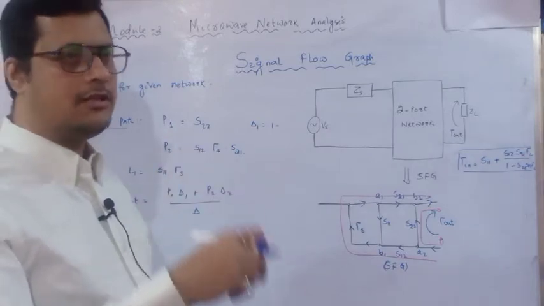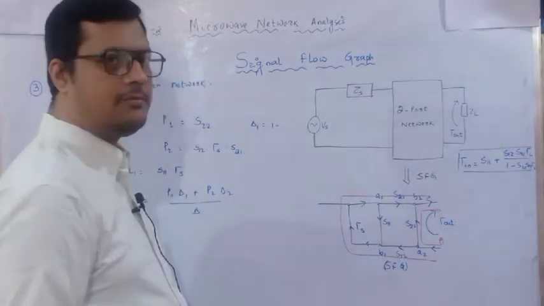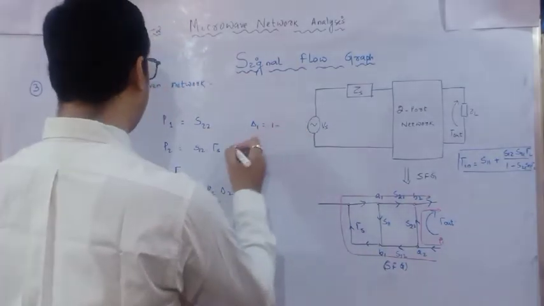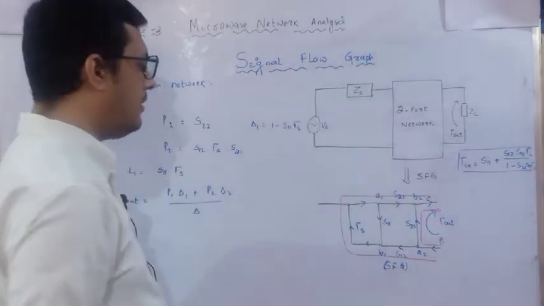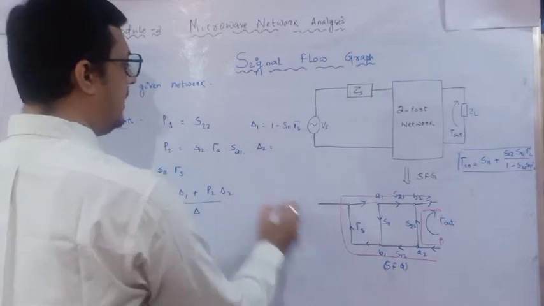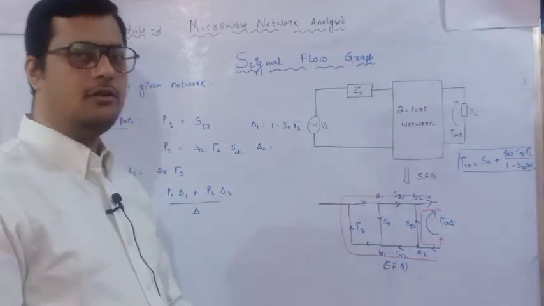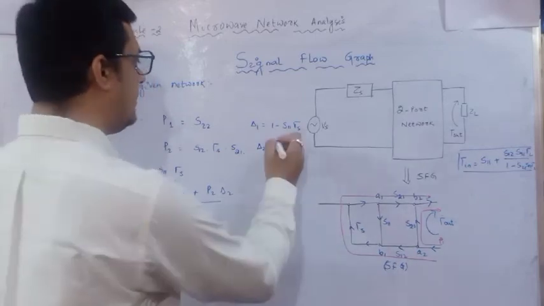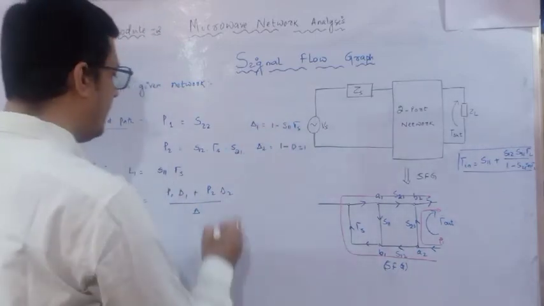If I consider path 1, it is non-touching to this particular loop. So it is 1 minus S11 times the reflection coefficient of the source, and del 2. So what is del 2? The second path touches all the loops. There is only one loop. So del 2 is 1 minus 0, that is 1.